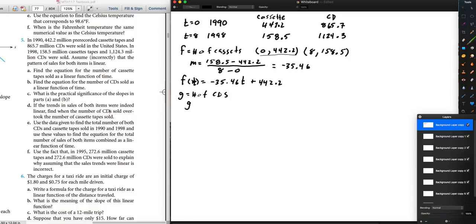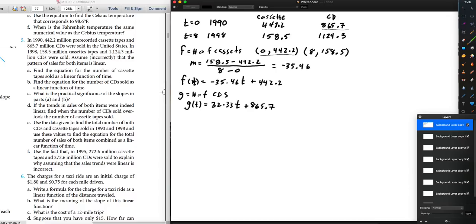So G of t ends up being 32.33 times t plus the y-intercept, which for this one is, again, when t is 0, 865.7. So now we have our two equations, and that takes care of parts A and B.